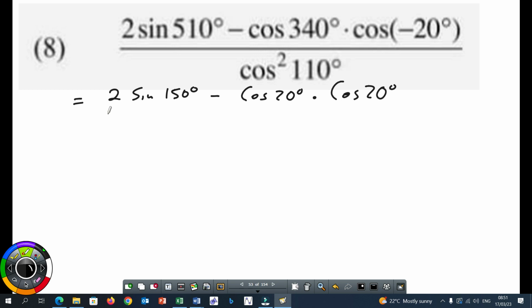Then, in the denominator, we have cos 110. Now, to get 110, which angle do you subtract from 180? 70. It's 70. Right? But listen, there is a square here, so your answer will be a positive cos squared 70 degrees.